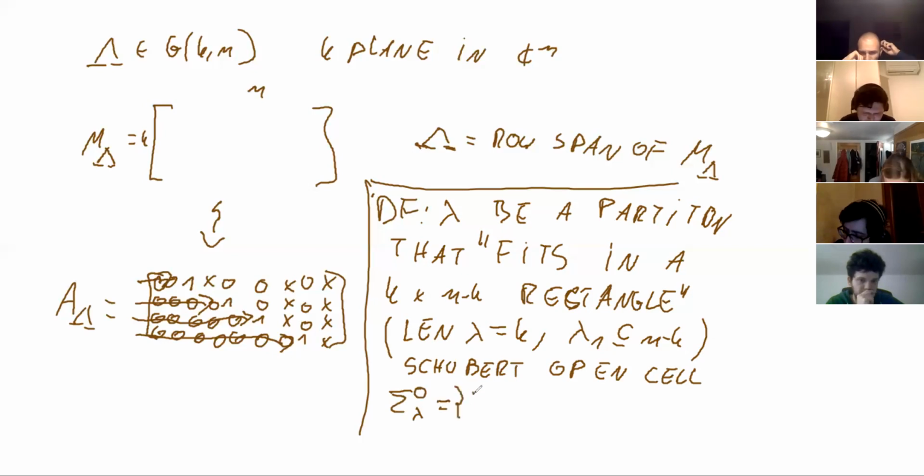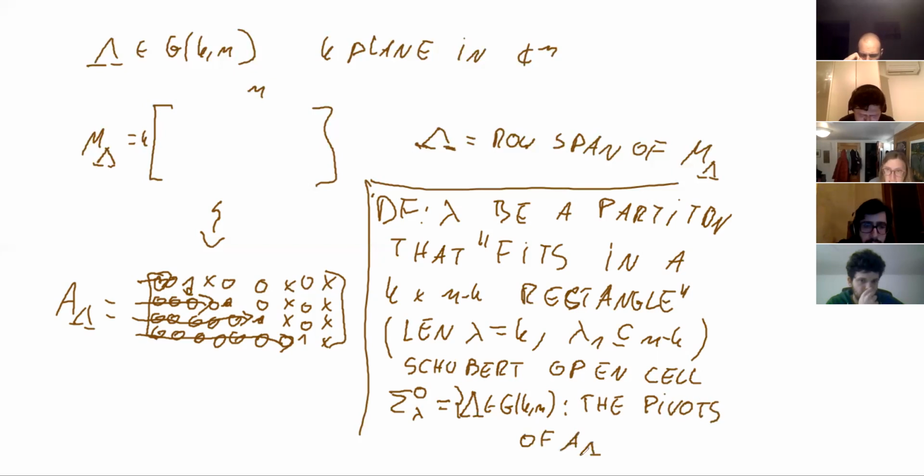This is those points of the Grassmannian such that the matrix, well, these breaking points, I think they are called pivots, of a lambda are in positions I of lambda.